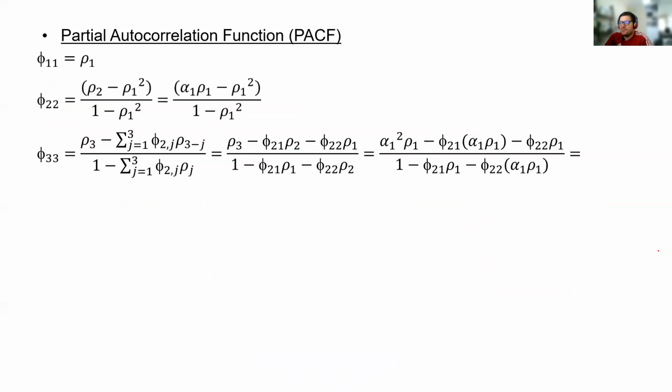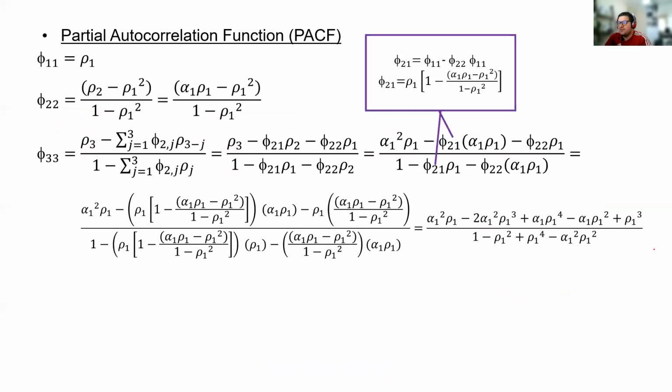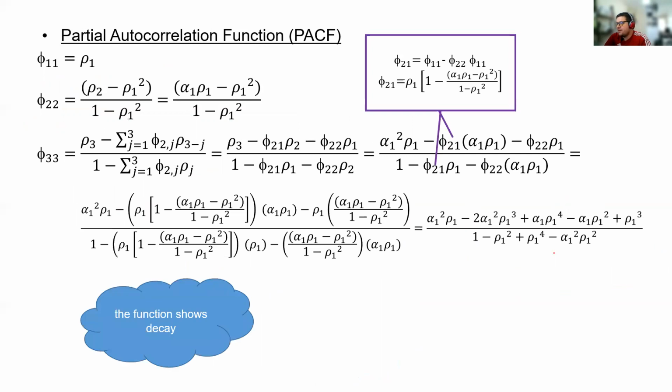Now for the partial autocorrelation function, again, please don't worry about this at all. I did this in my spare time and I got to this very weird equation. There's probably some sequence there, but I couldn't find it for the life of me. But what I noticed is that this number becomes smaller and smaller.